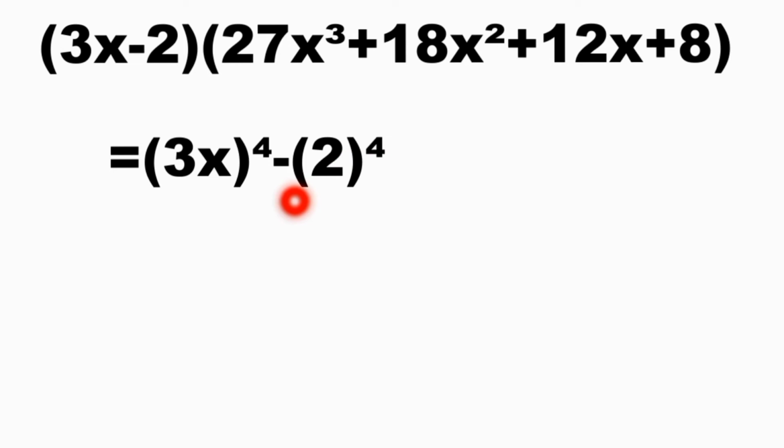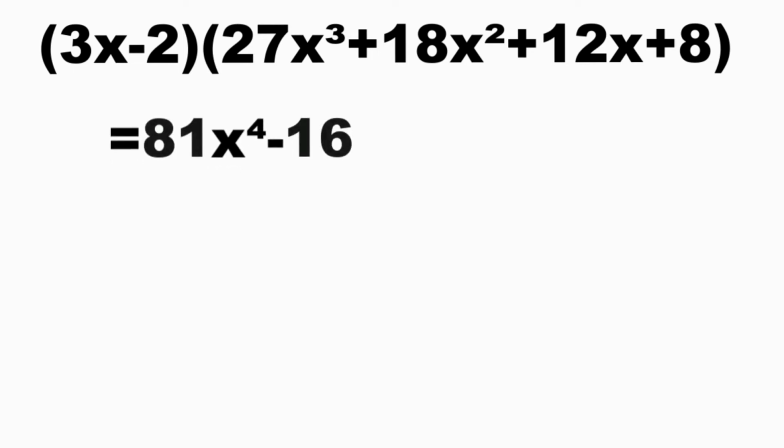So 3x to the fourth is 81x to the fourth, and 2 to the fourth is 16. So the final answer is 81x to the fourth minus 16. This is the answer of multiplying quantity 3x minus 2 times 27x cubed plus 18x squared plus 12x plus 8.